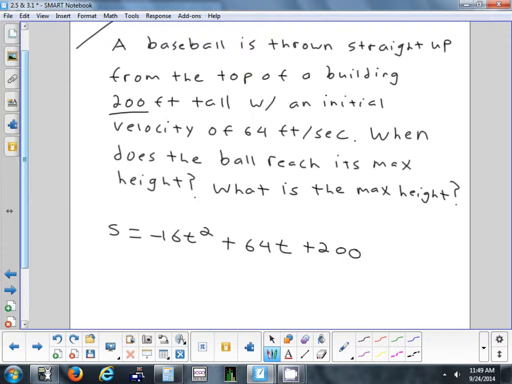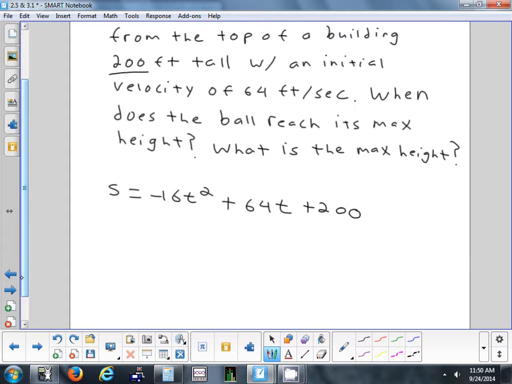Now the way you would do this algebraically, you'd set it equal to 0 and then complete the square. If you complete the square, which is what we did when we studied quadratic transformations, let me show you what you would get. Height equals negative 16 times t minus 2 squared plus 264. I'm not going to go through the entire completing the square to get that.